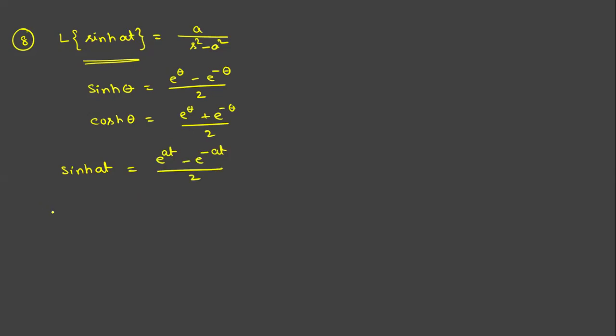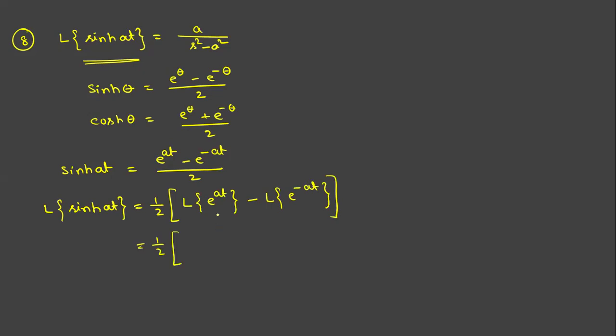Now apply Laplace to both sides of this expression. Laplace of sinh at equals, half is common, half into Laplace of e to the power at minus Laplace of e to the power minus at. I have already proved the Laplace of e to the power at, so this equals half into 1 by s minus a minus 1 by s plus a.